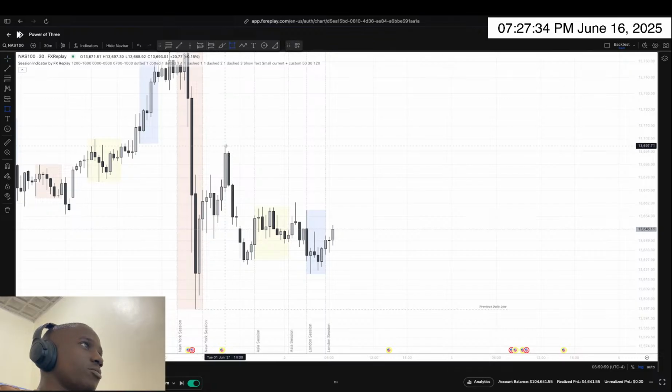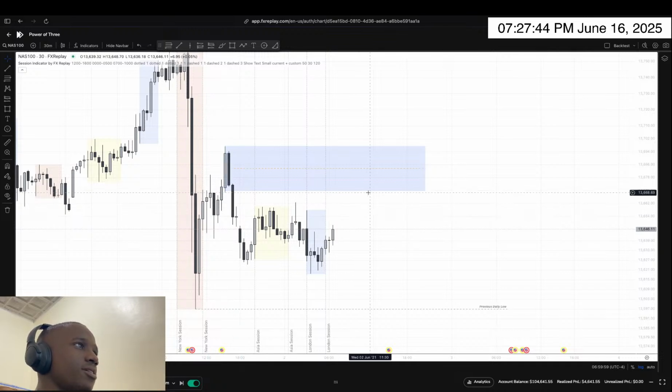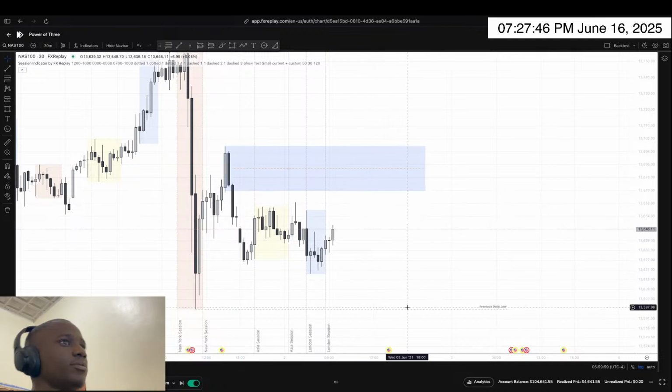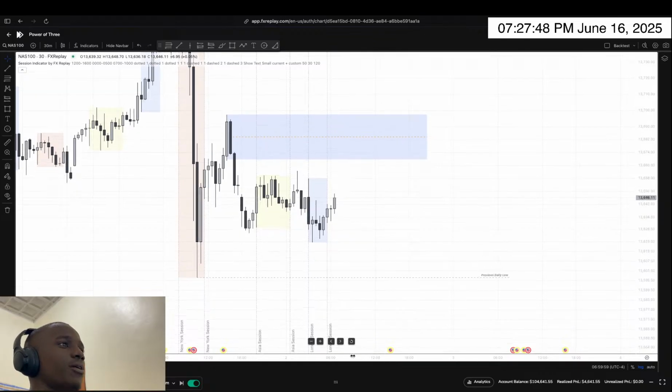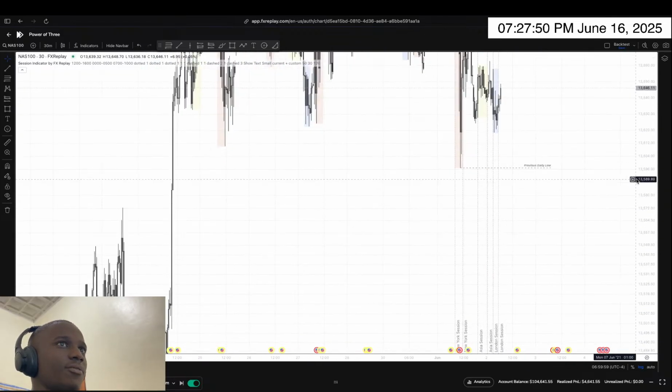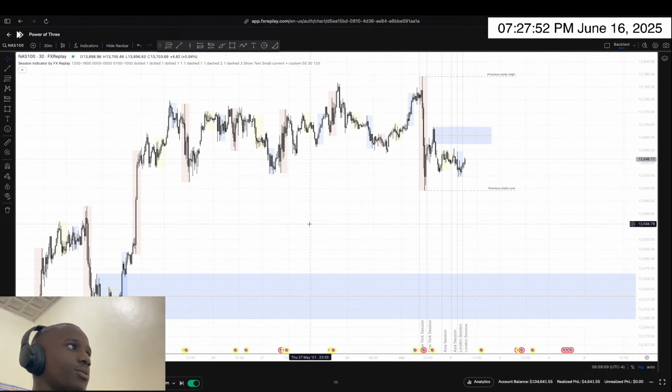So this order block right here, push into the OB, take out this liquidity, fill this imbalance here, and then drop to take out the previous day low, since our target on the higher time frame is to fill this imbalance and reach this POI.